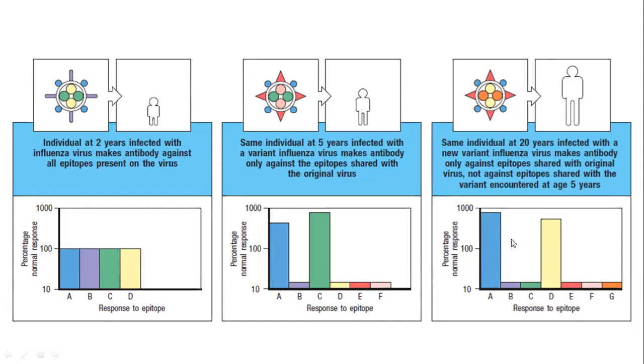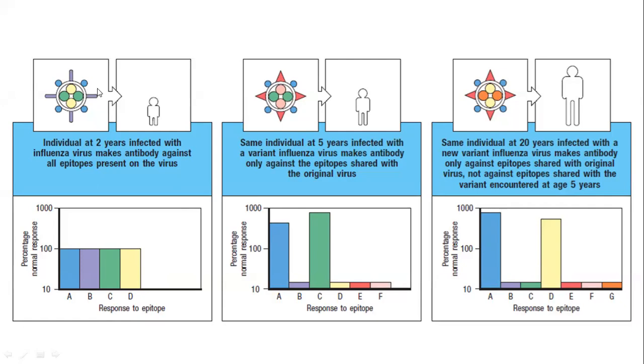Again, the individual is only able to produce a high response to those epitopes that were present in the parental variant. We can see our B, our A, and our D having a heightened response as they were also present in the parental variant. So very, very important to remember.